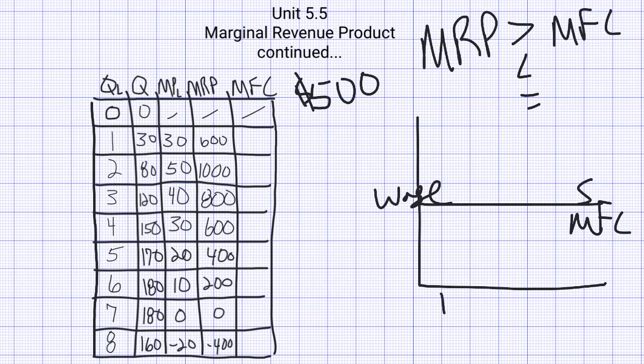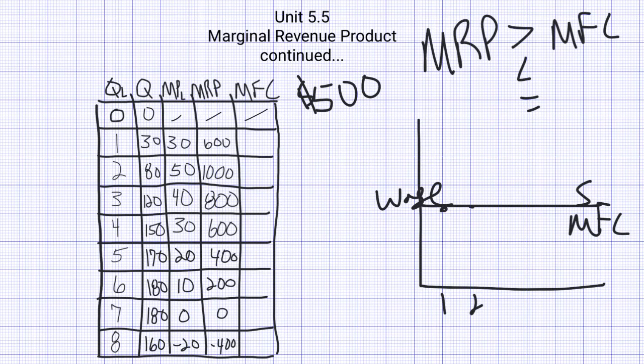Remember, first worker, 500, second worker, 500, third worker, 500, fourth worker, 500, and so on. So when we calculate marginal factor cost, it just is the wage. The marginal factor cost equals the wage. So when we are putting these in here, we're simply using the wage, which means we would put 500 for each one of these.